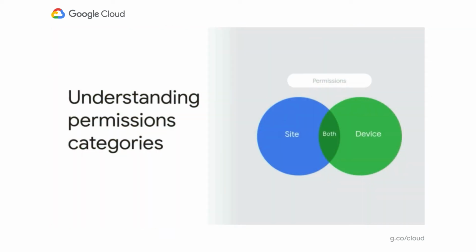And when a developer creates an extension within the manifest file, which basically details these are all the things that we're going to do within our extension, they have to declare what rights those extensions need in order to function. So there's two different types of extension permissions. One is going to be site permissions. So those are the access or rights that those extensions need to function to the websites that your users are visiting. So it could be read, it could be write access, it could be both.